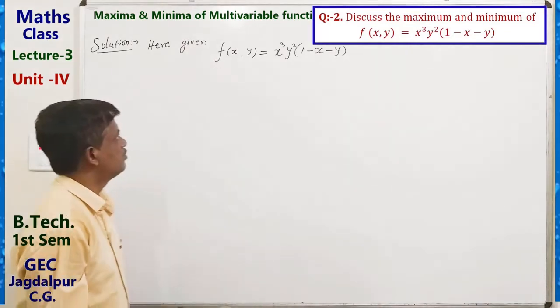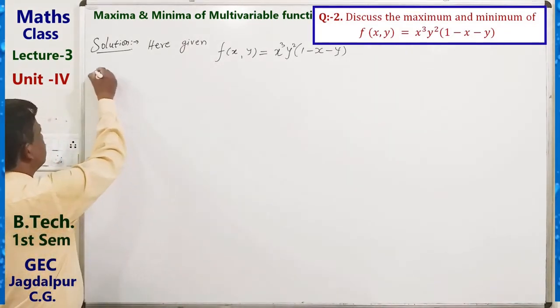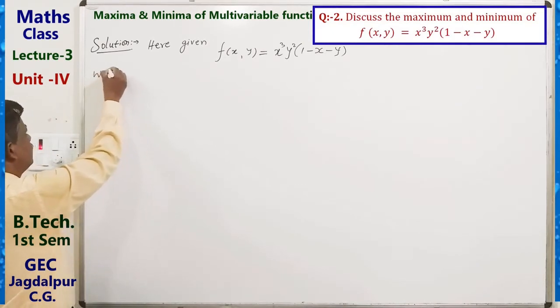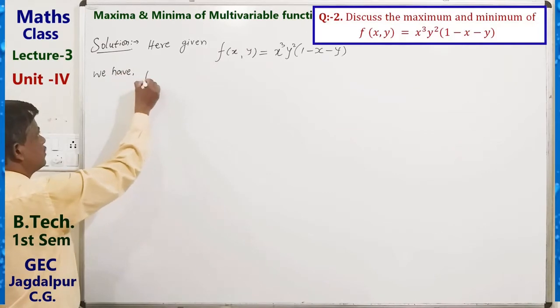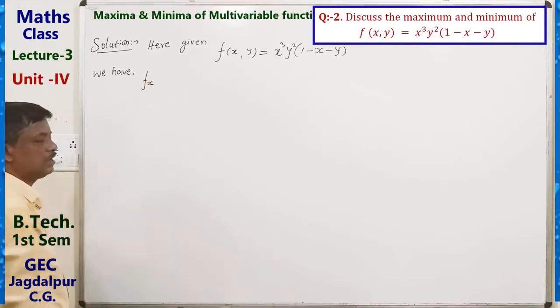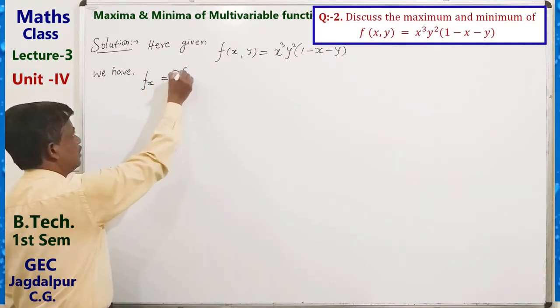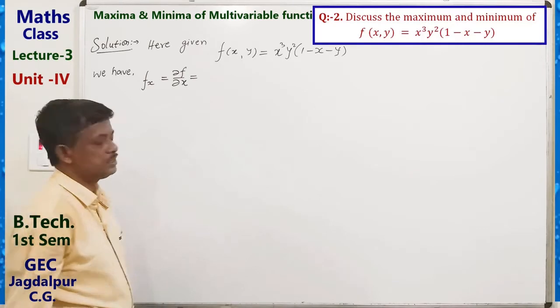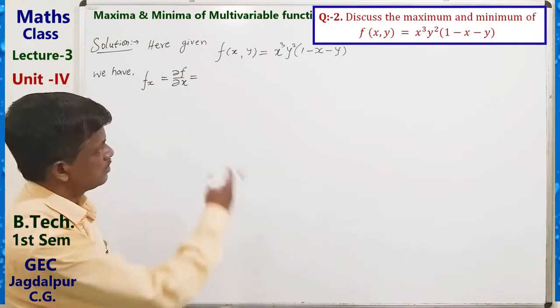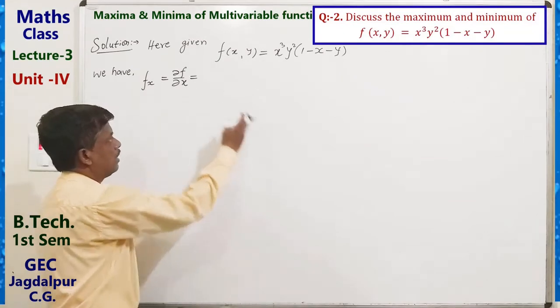Okay, so we know our procedure is very simple. We have fx, that is del f by del x. Just differentiate it. Clear? We multiply and differentiate it with respect to x.